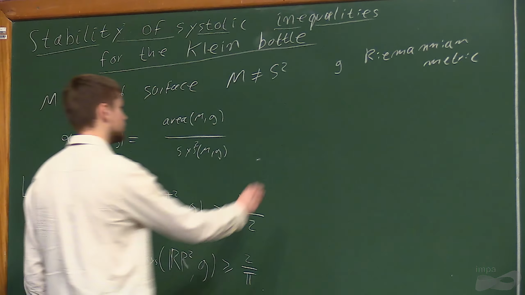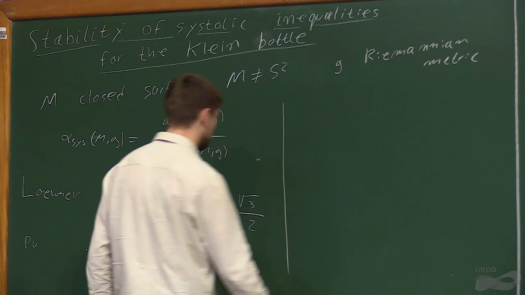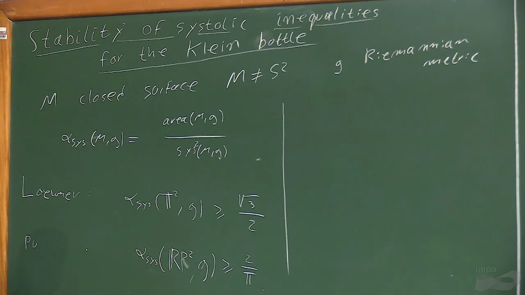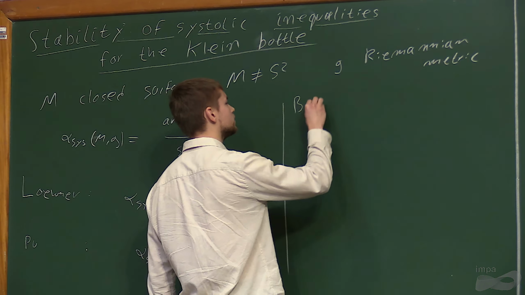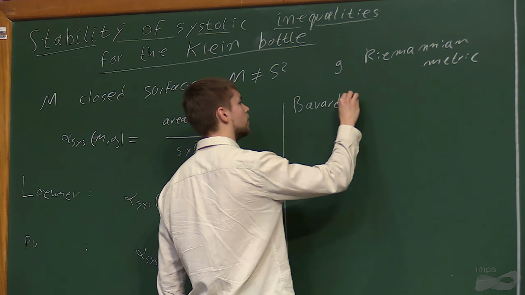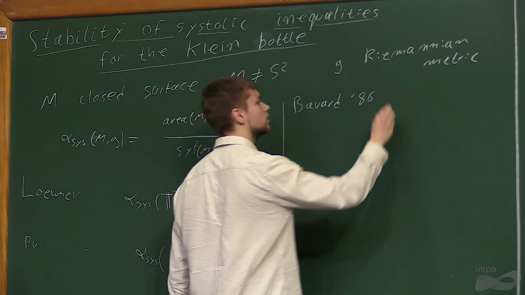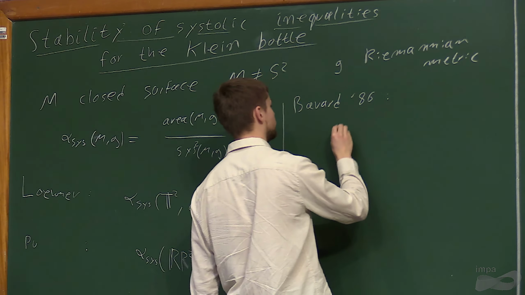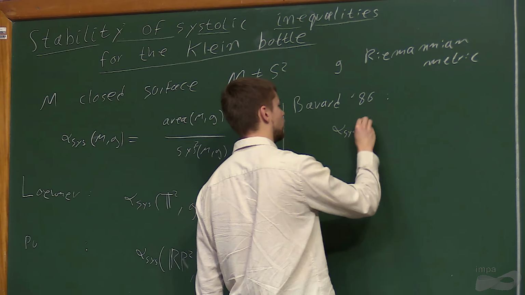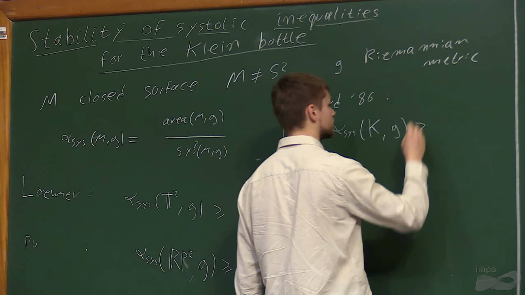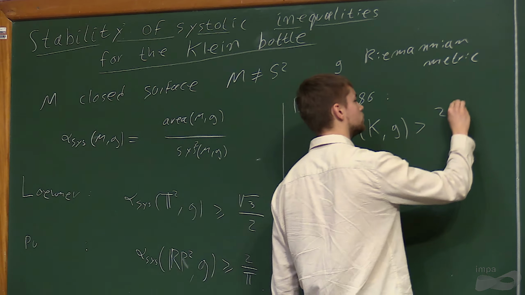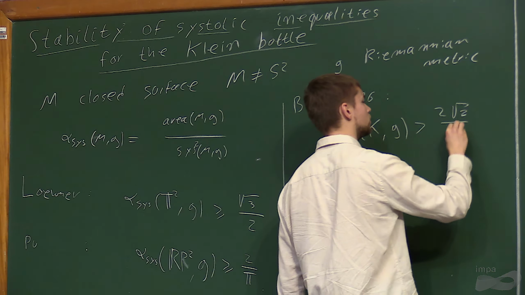And basically the next result in this list is on the Klein bottle. So in the 80s, Bavard showed that on the Klein bottle we have that the systolic area is always strictly bigger than 2 square root 2 over pi.